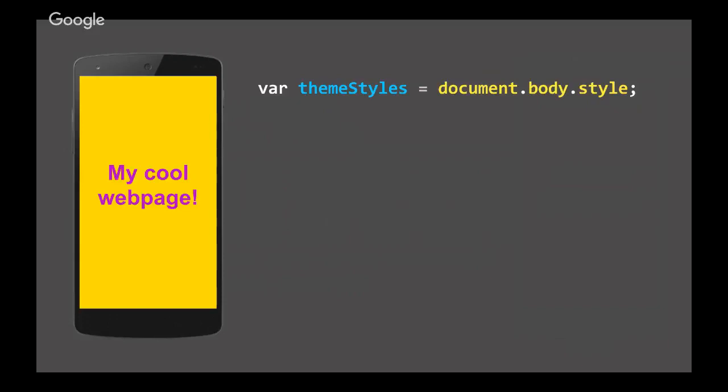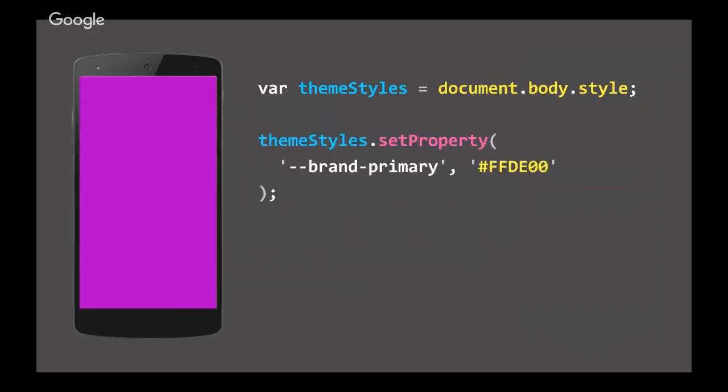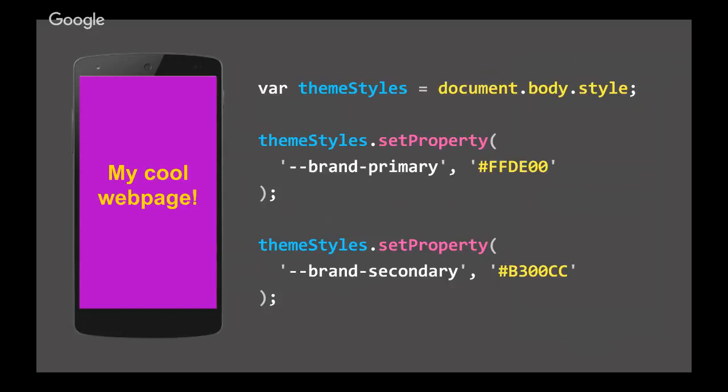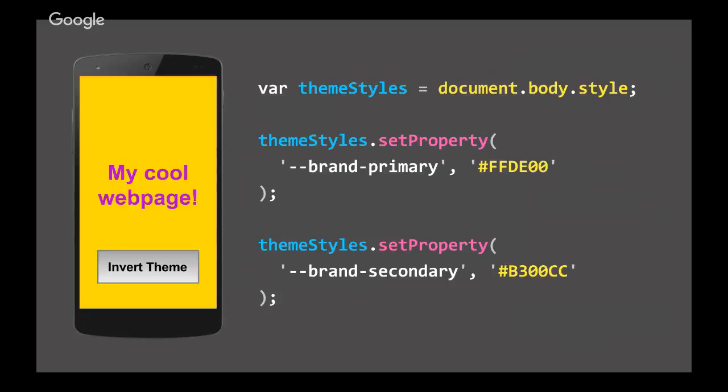But now, once you've gotten the CSS styles targeted in JavaScript, you can manipulate them. So here I'm switching the values for the primary and secondary brand colors. And then you can take it one step further and work the logic into dynamic components. This button toggles inverting the site's theme. It's a simple example, but hopefully it makes some sense.